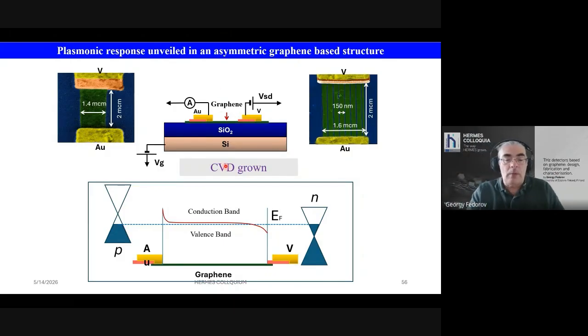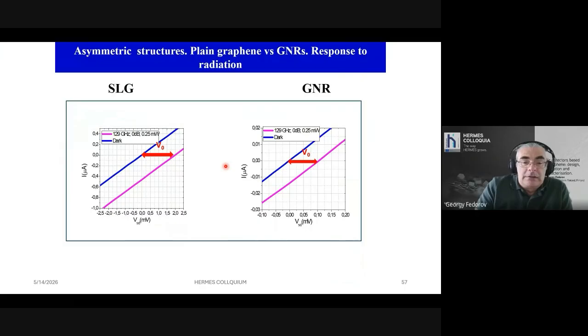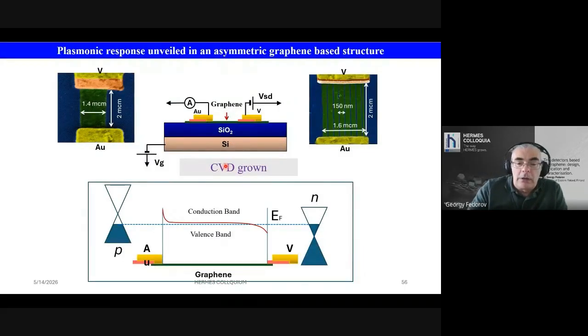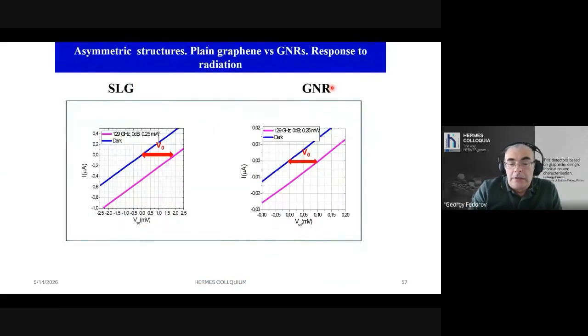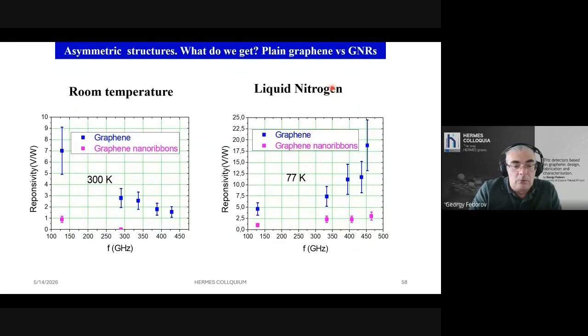And what we see is that, first of all, we compared a bulk piece of graphene to a bunch of nanoribbons. We have seen the photovoltage in both cases. And what was really important in this case was the frequency dependence of this response.